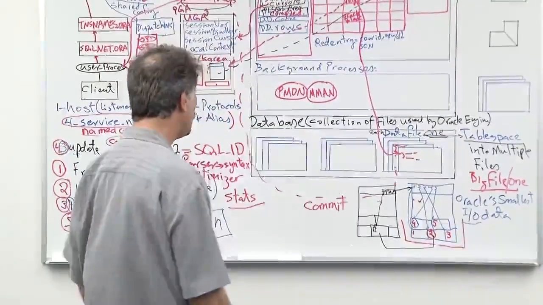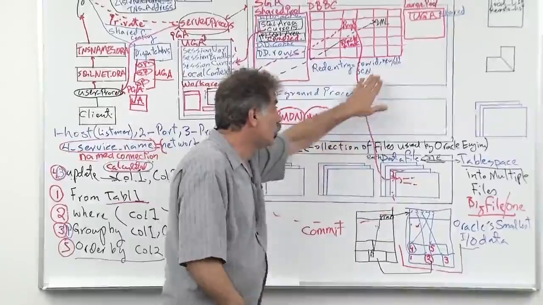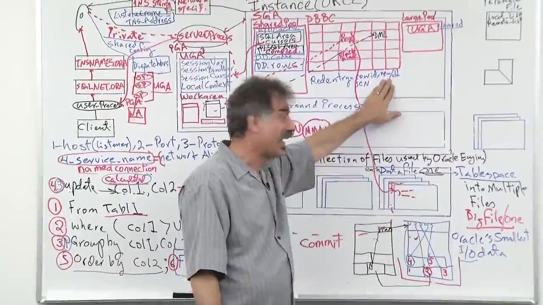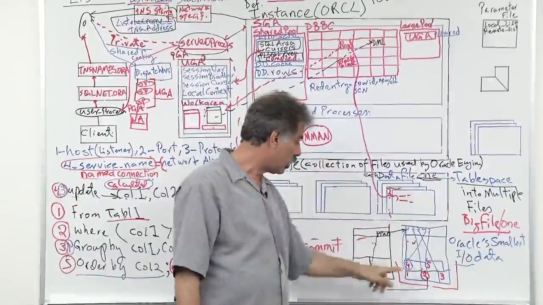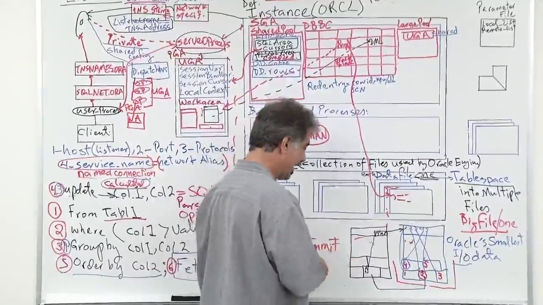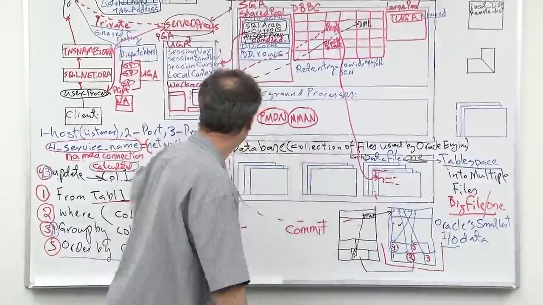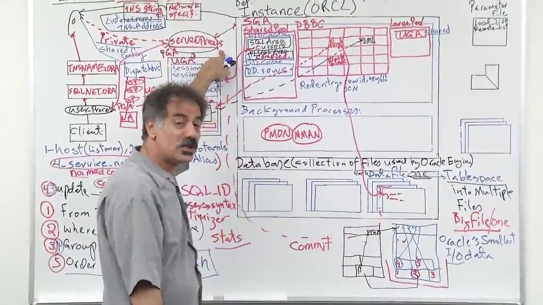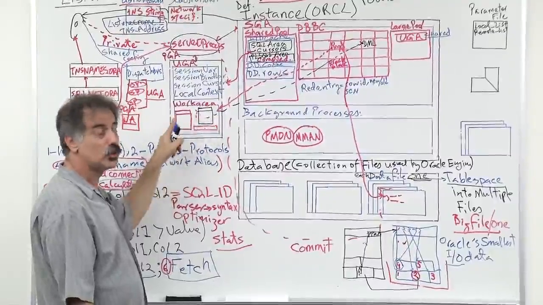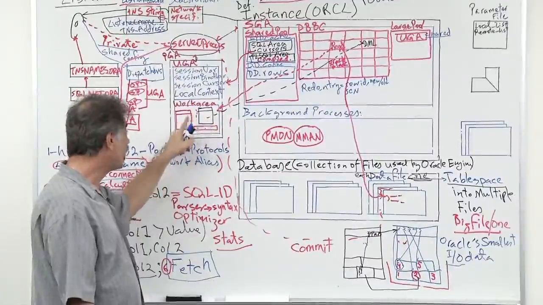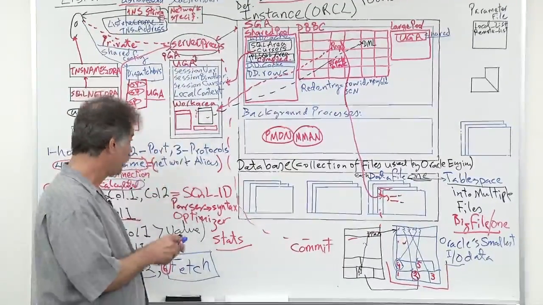Now, the only entity that knows the before and after value and has access to this row, because remember, the row is now locked into the session, is the server process that's managing the session. Since this server process has made the change and created the block, it is the only one that knows the before and after picture.